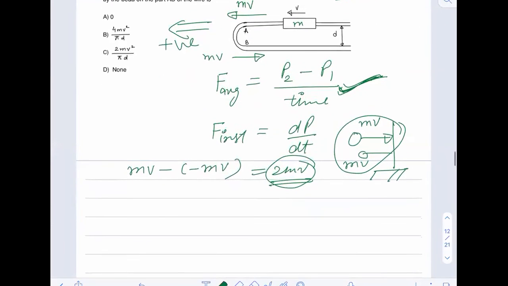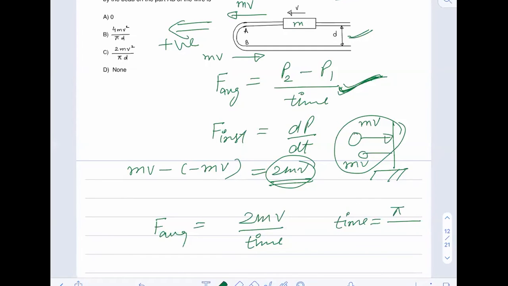So average force will be what? 2 mv divided by time. Now, I have this diameter. This d is nothing but the diameter of the semicircle. So for time taken, what we have to do? Distance by speed. So what is the distance now?